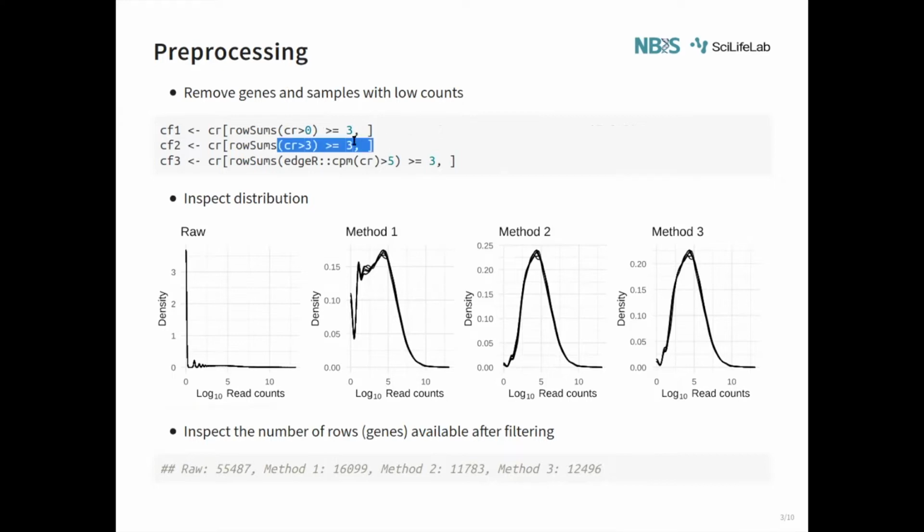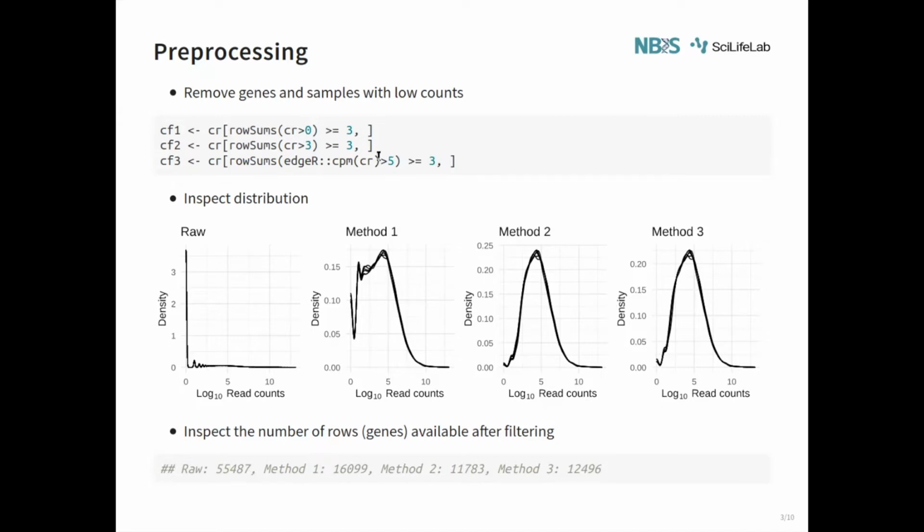So this is kind of subjective to your particular sample and your particular setup. The third option here is a bit less subjective, but it still depends on the data set.